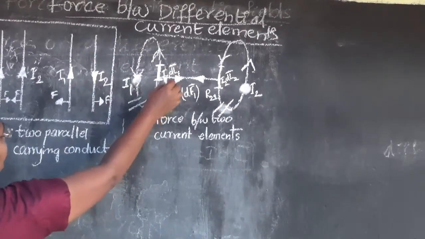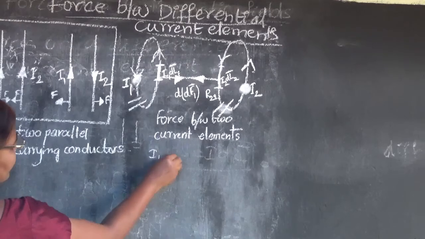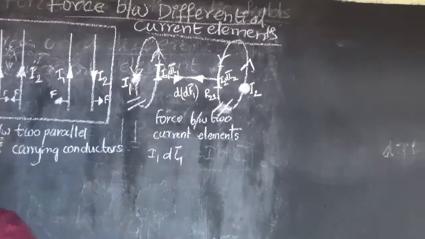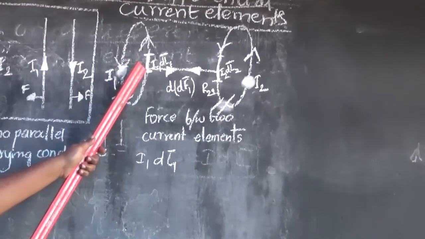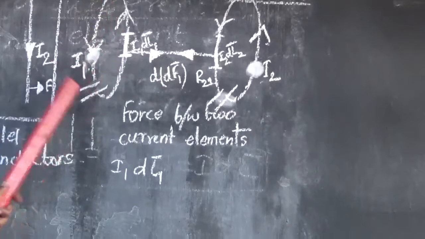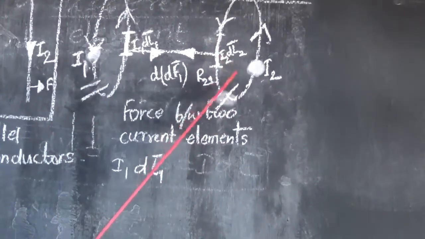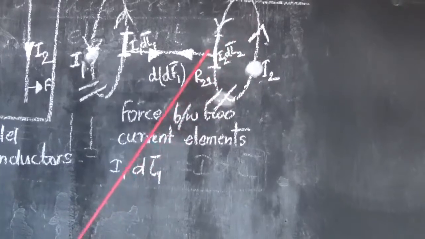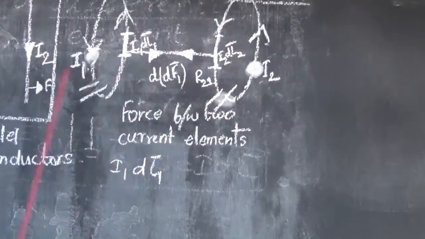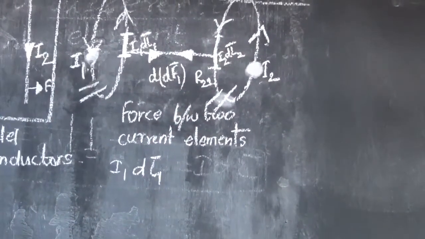I will write it again, I1 dL1 dash, which is a differential current element on this loop. I have also taken another differential current element in loop 2 as I2 dL2 dash.